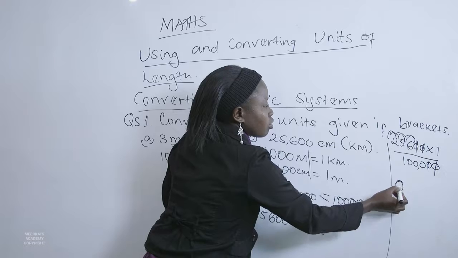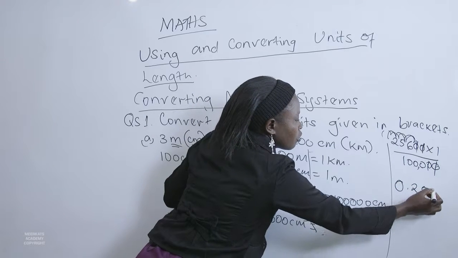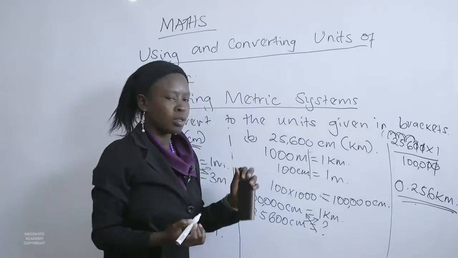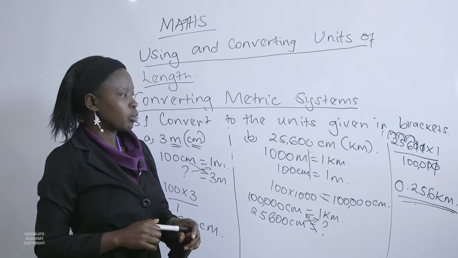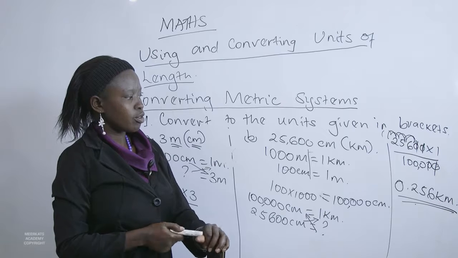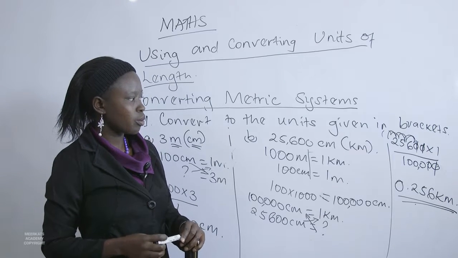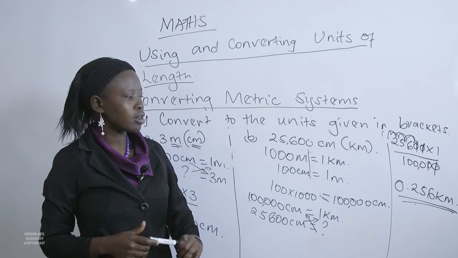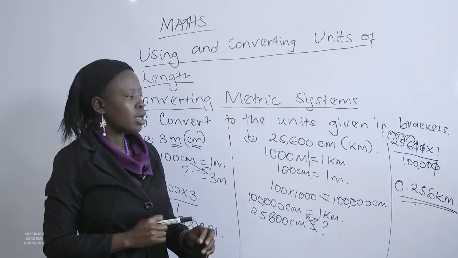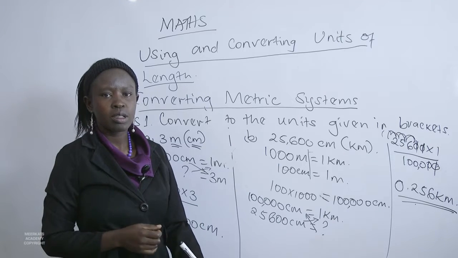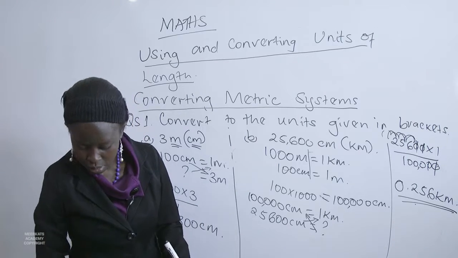So that gives us 0.256 kilometers. So that is a correction to be made. We have 0.256 kilometers as the required answer. 25,600 centimeters to kilometers gives us 0.256 kilometers.